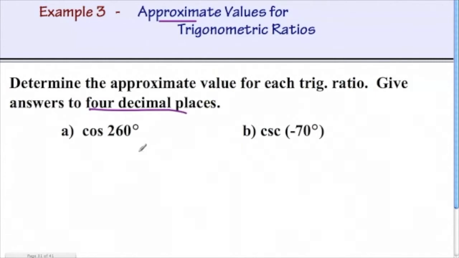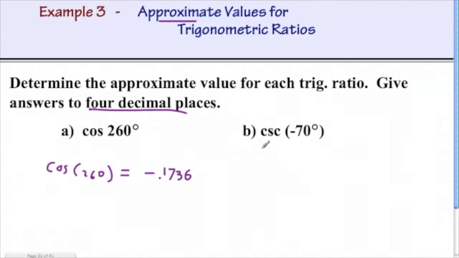Make sure you're in degrees mode, and you're just going to go cos, type in 260, and then push equals, and you should get an answer when you round it to 4 decimal places: 0.1736. Okay? So that's pretty easy.